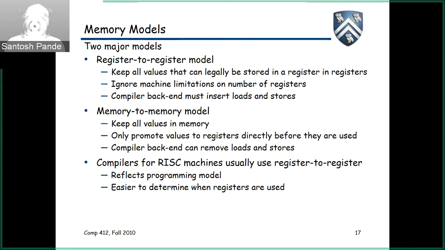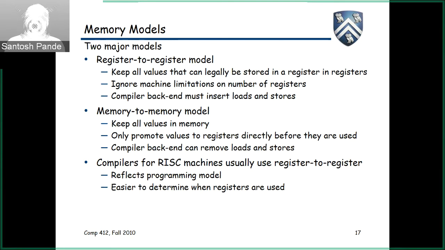And we typically have two models of code generation, which we have probably seen in earlier classes. One of the assumptions could be that we have to keep all the values in a register before we can operate on them. That's basically a RISC type of model. We must keep a value in a register and operate on it.